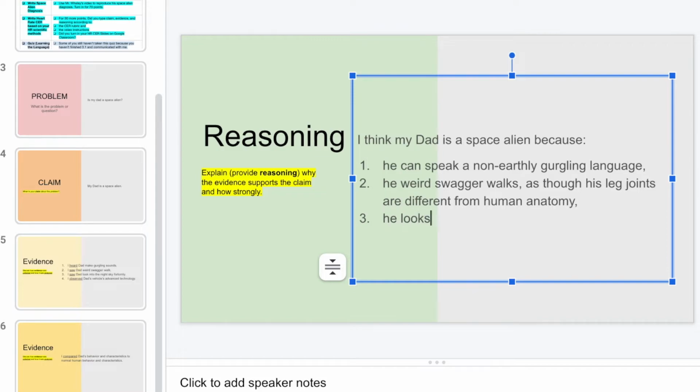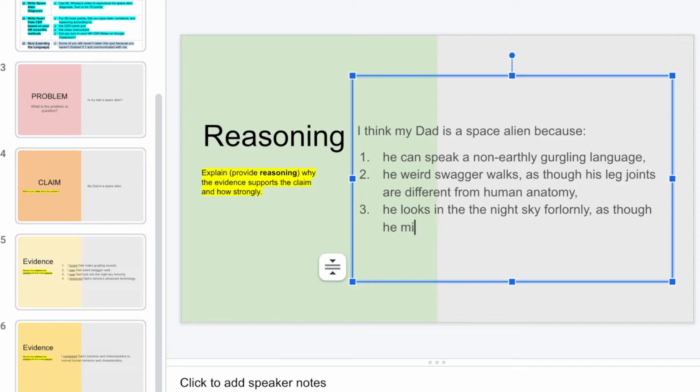He looks into the night sky forlornly as though he misses an outer space home of origin.